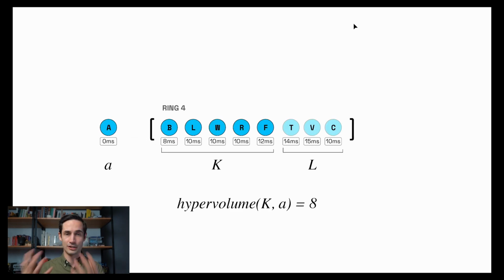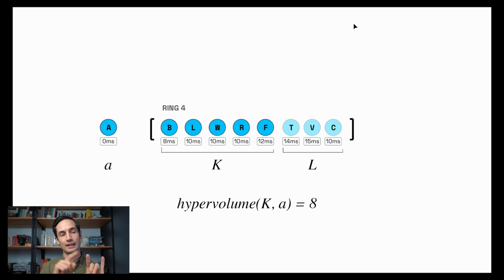Let's examine ring 4 as a set. We're going to have K, the set of nodes that are currently in your squad of ring 4, and then you have L, a set of candidates, and you have yourself, which you're going to use as an origin. You're then going to calculate the hypervolume of the set K using your origin as a fixed point, and you're going to get a number like 8 for the given set.